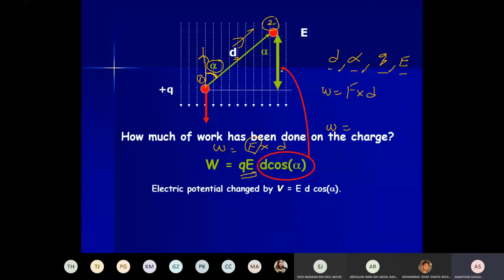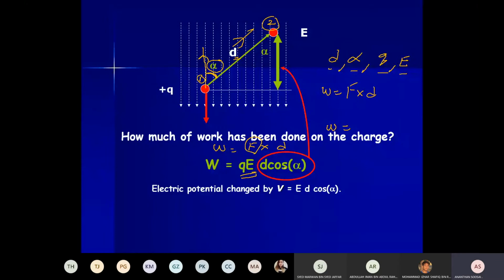The distance you're supposed to use, if you really understand the work, is the distance traveled in the direction of the force. The force you applied is upwards, so the distance you must use is the vertical distance. So the D you have to resolve vertically, so you should get D cos alpha. Okay. So the work done is QE D cos alpha.